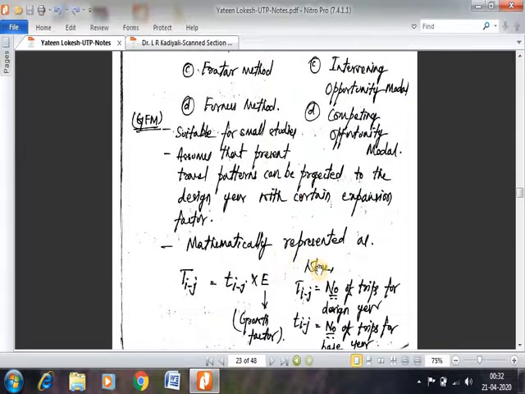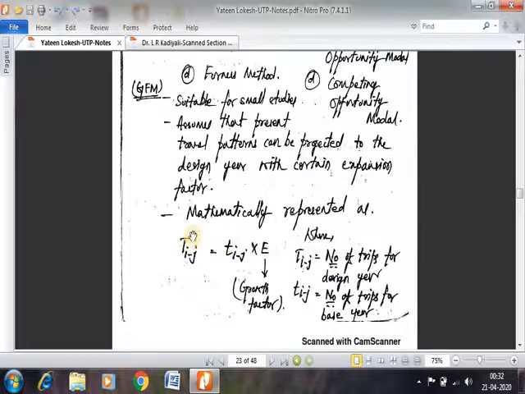Mathematically we represent this as capital Tij is equal to small tij multiplied by E, where E is the growth factor. So any present number of trips happening between zone I and zone J, when multiplied with the respective growth factor, gives capital Tij.